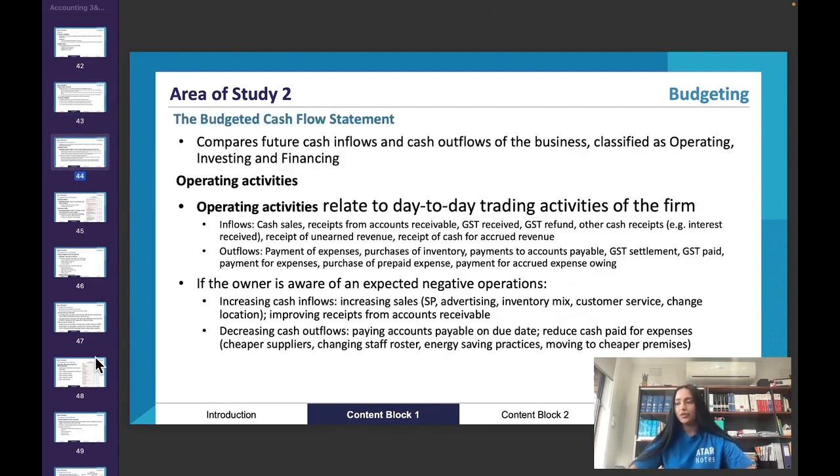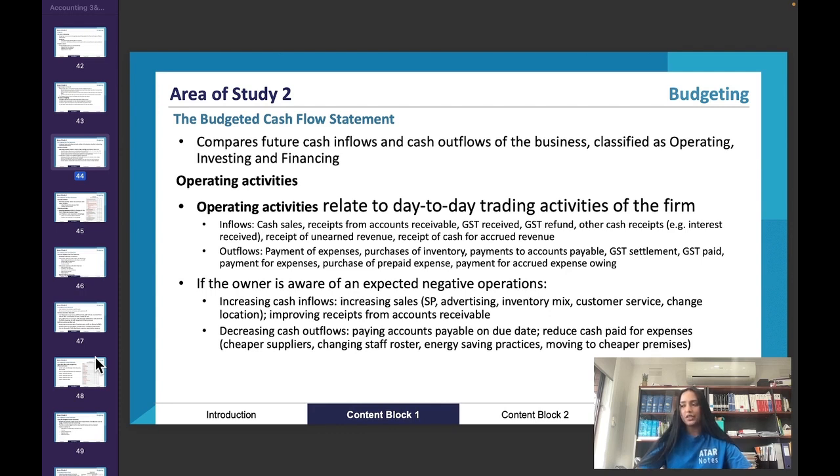Our budgeted cash flow statement compares future operating, investing, and financing cash flows, inflows, and outflows. The operating activity section of the budgeted cash flow statement will be the predicted cash inflows less the cash outflows related to the future day-to-day trading activities of the business.